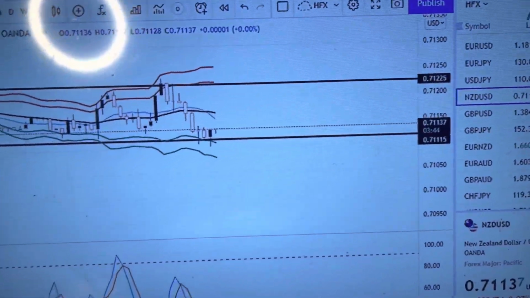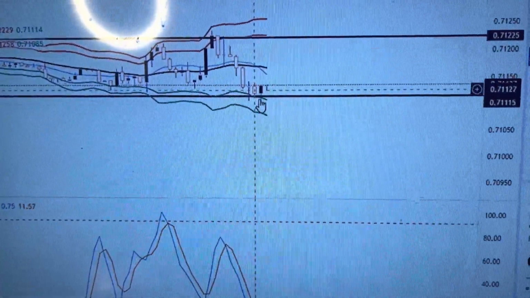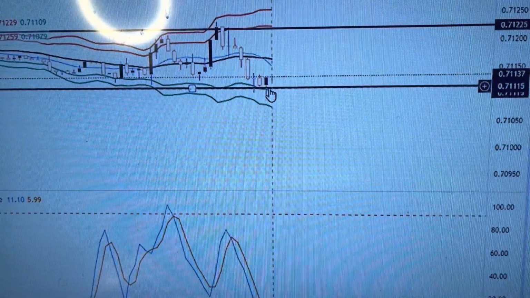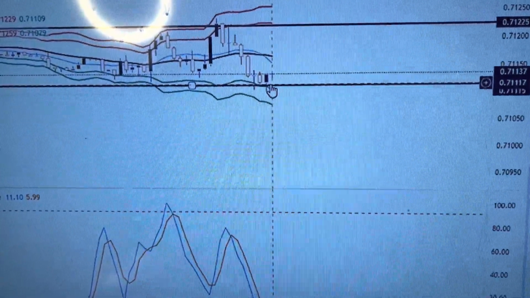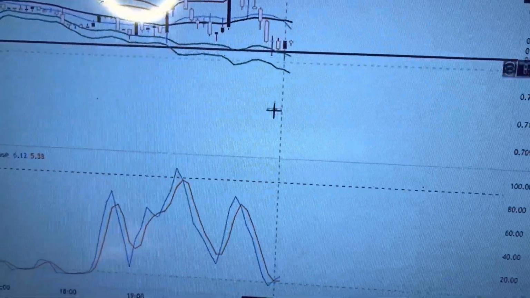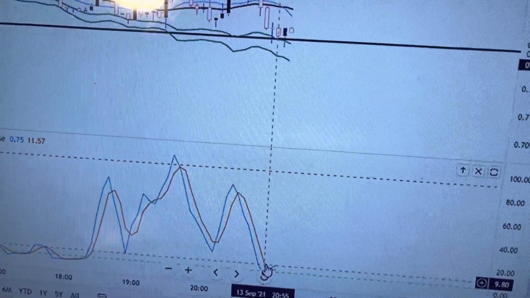So NZD USD, like I said, I take 5-minute entries and I wait for it to touch my Bollinger Bands, get to a strong level of support, which it was at, and also touch my stochastic support as well.